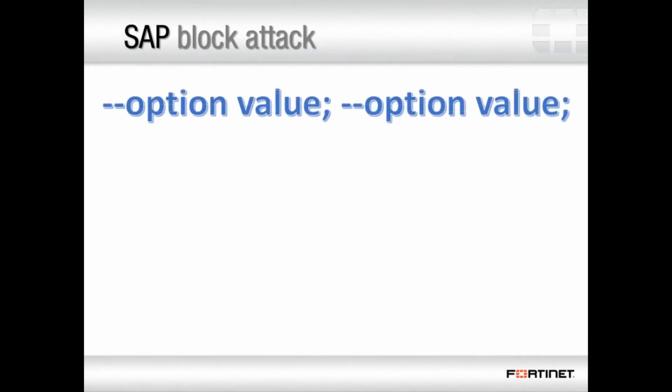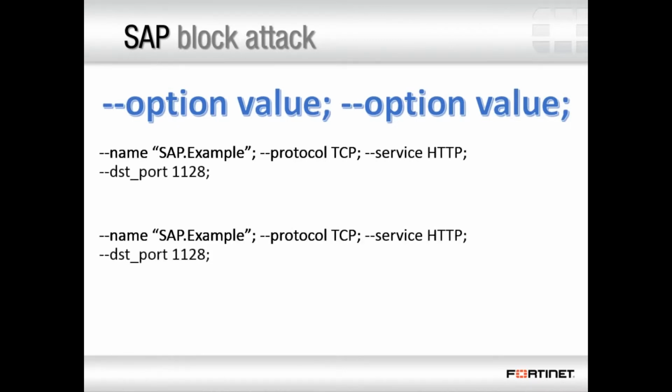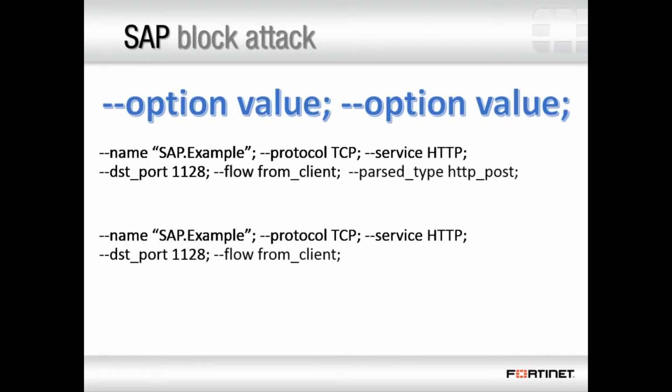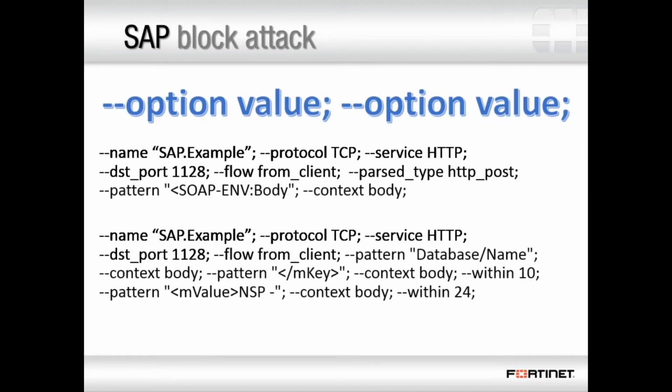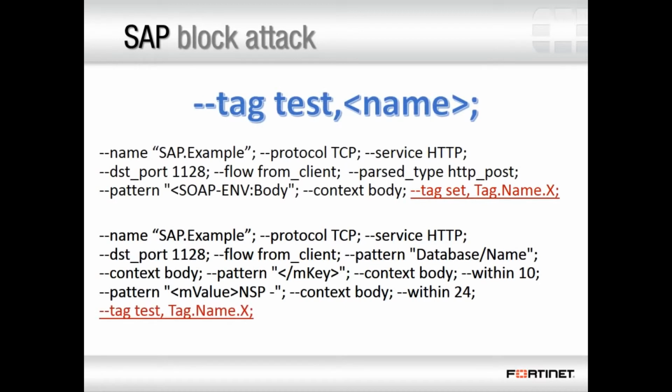The two signatures we're creating use options similar to preceding examples, including name, protocol, service, destination port, flow direction, as well as pattern strings with context and distance options. Now we add the tag set option and a tag name string to the first signature. Then the tag test option with the same tag name string to the second.